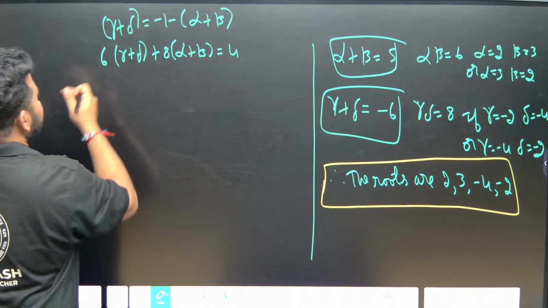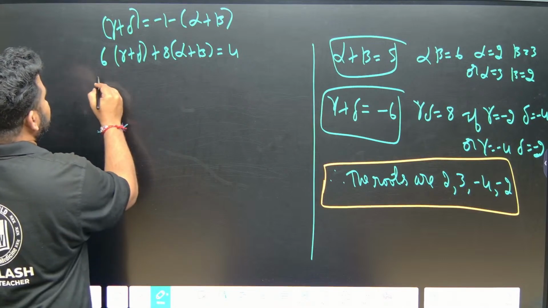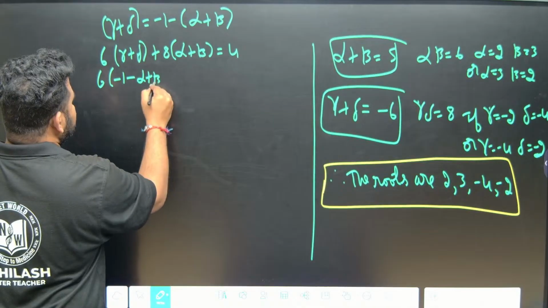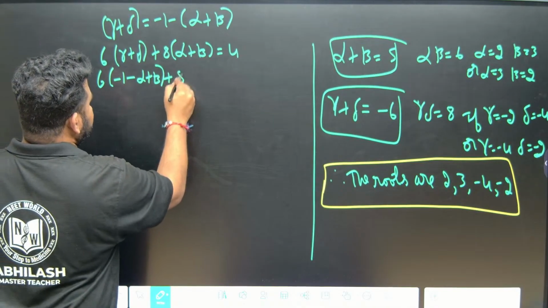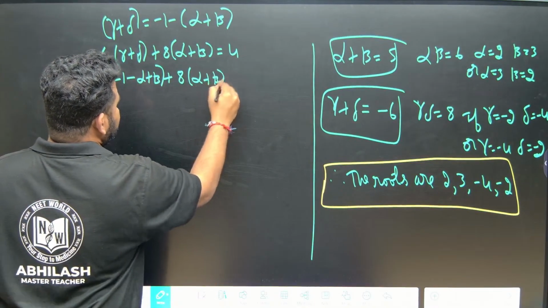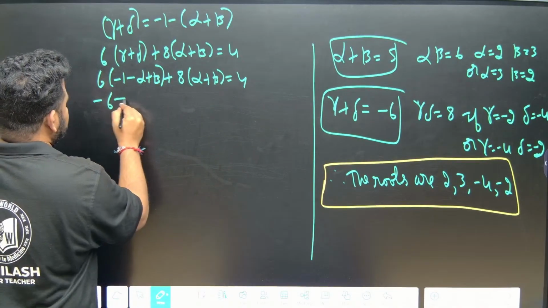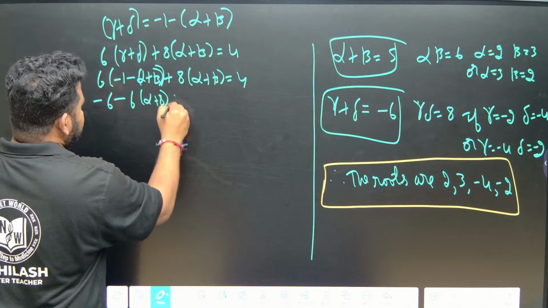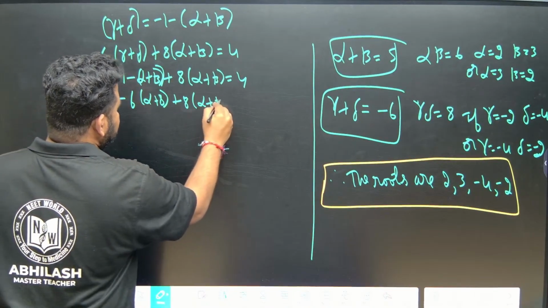Wherever gamma plus delta is there, I can write it as minus 1 minus alpha plus beta, plus 8 times alpha plus beta is equal to 4. So this is minus 6 times alpha plus beta, plus 8 times alpha plus beta is equal to 4.